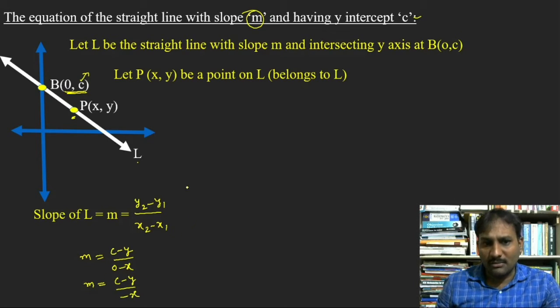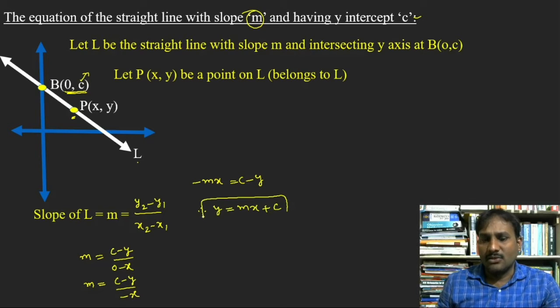If you cross multiply, you will get minus mx is equal to c minus y. So finally you can write it as y is equal to mx plus c. This is the slope intercept form of a straight line where m is the slope of the line and c is the y intercept of the line.